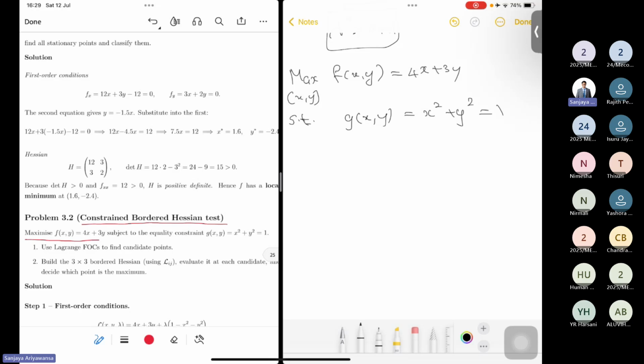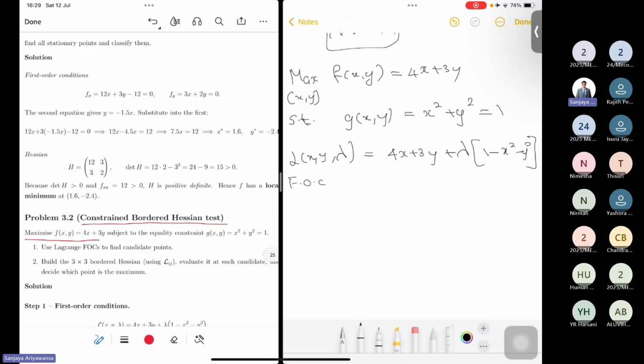Right, so let's set up the Lagrangian. There's only one constraint, and L of x, y, lambda equals 4x plus 3y plus lambda times 1 minus x squared minus y squared. That's my Lagrangian. Then I write down the first order conditions.